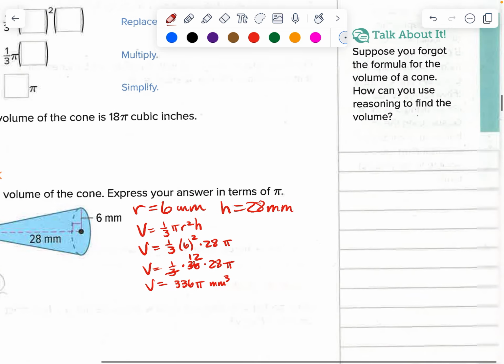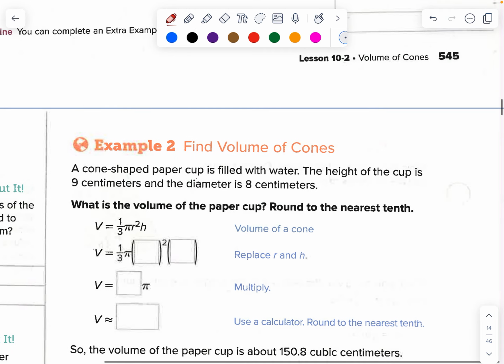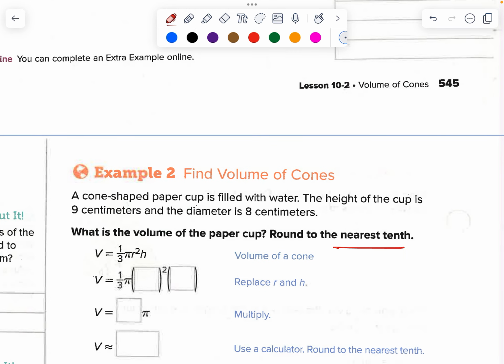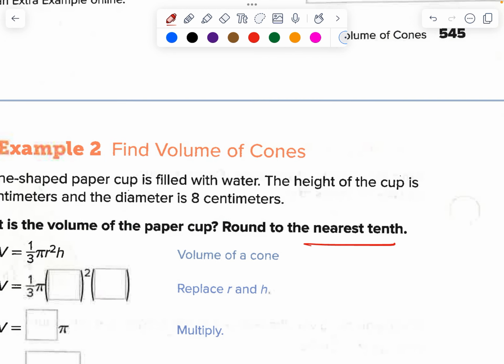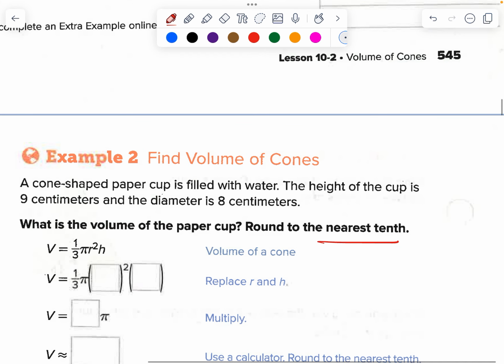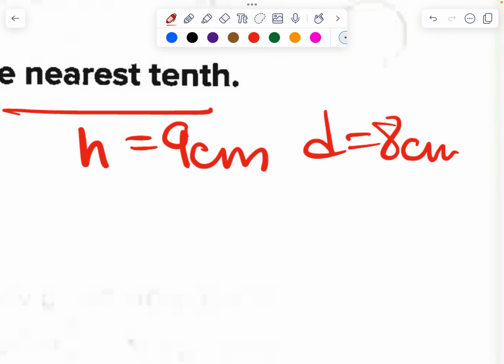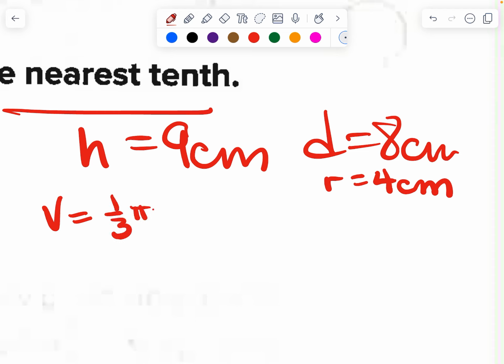Okay, so over here, this is going to say round to the nearest tenth. The cup has a height of 9 centimeters and it has a diameter of 8 centimeters. So when I look at that, radius is half of that, so 4 centimeters. So I plug it in: 1/3 pi r squared h.